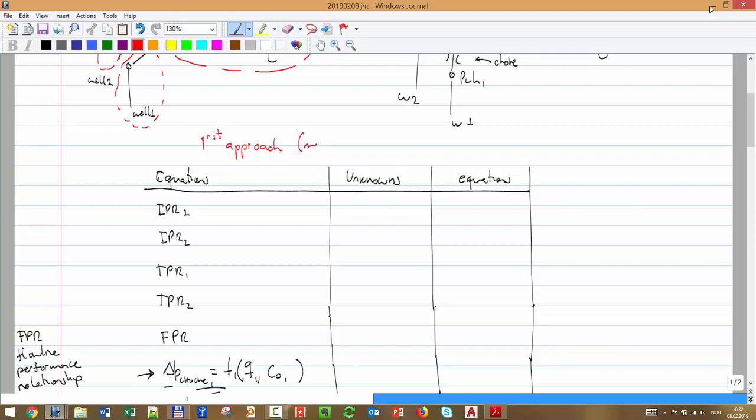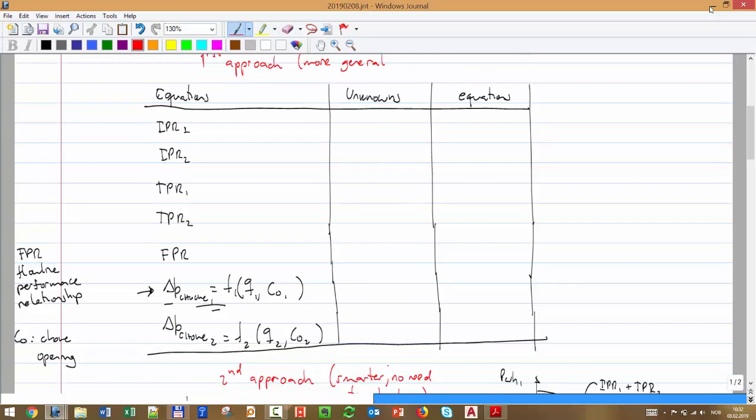It's more general because you can also take into account those cases where the rates I cannot produce. Okay? Because, for the first case, let's say the reservoir engineer gives you Q1 star and Q2 star, right? So how do you solve, using this approach with the equations, how do you solve that problem?